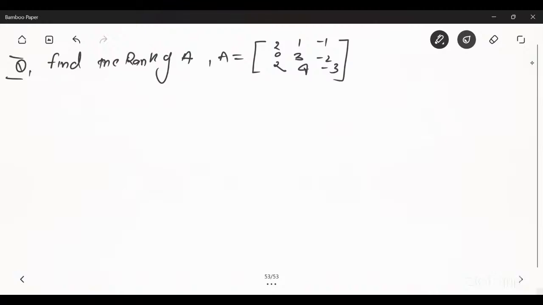Firstly, you have to find the determinant of that. The determinant of A is generally the minor of A of 3 by 3.